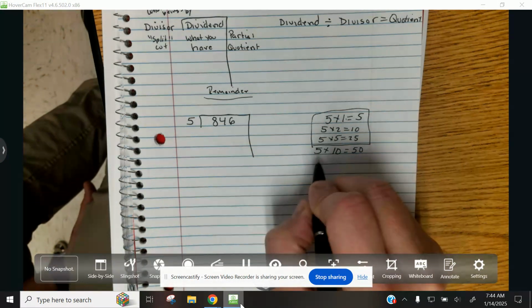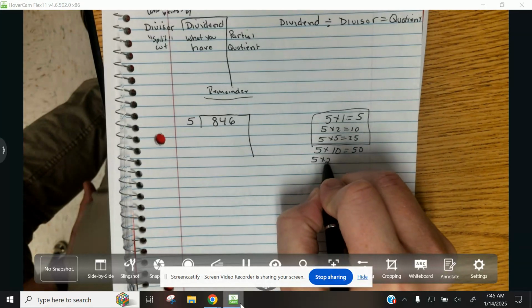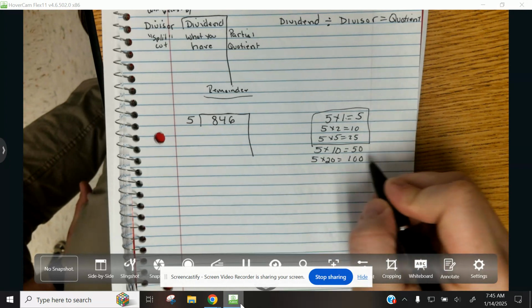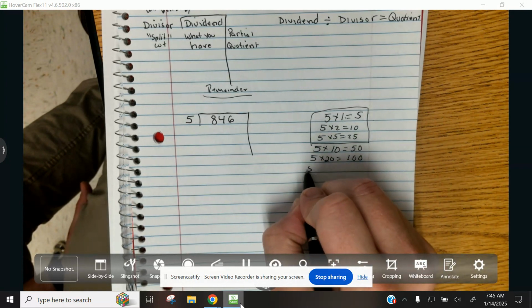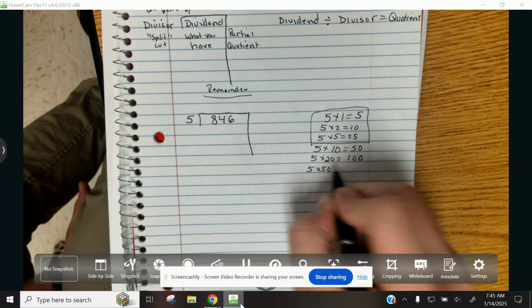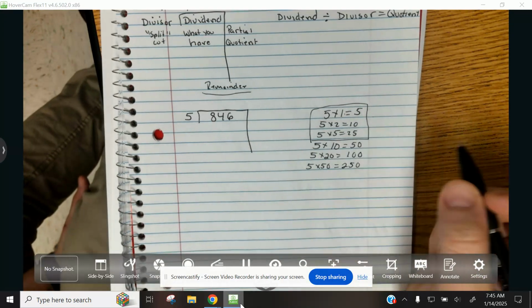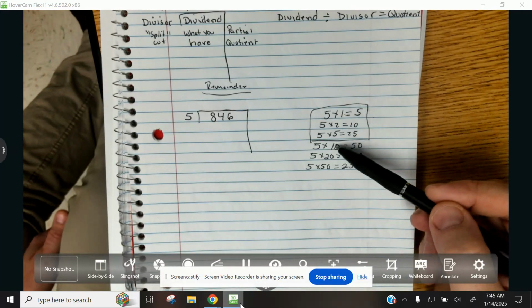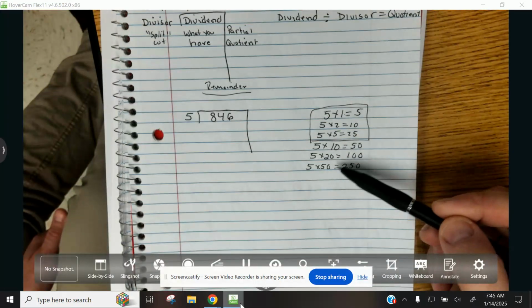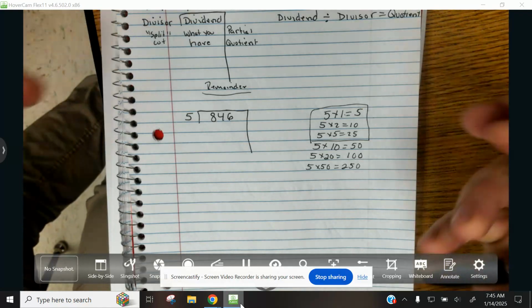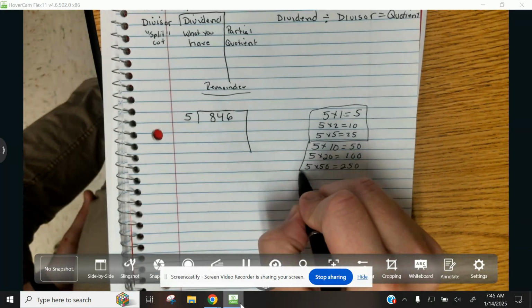Okay. And now we have 5 times 20, and that's going to equal 100. There was 10 for that, but now I need to make it 10 times bigger for 100. And now I have 5 times 50. Make it 10 times larger, and I have 250. See how I've used the same 3 digits, 1, 2, and 5, but I just made them 10 times larger, which makes my answer 10 times larger. And we know to add a 0 to make it 10 times larger.